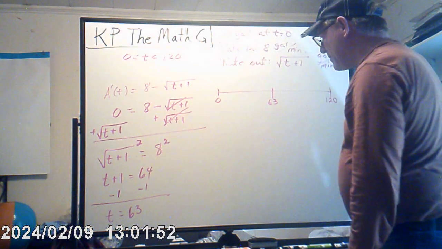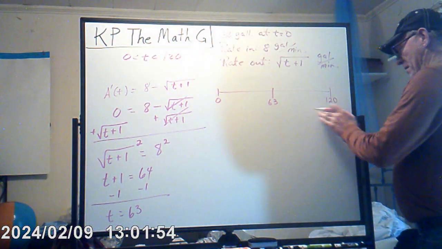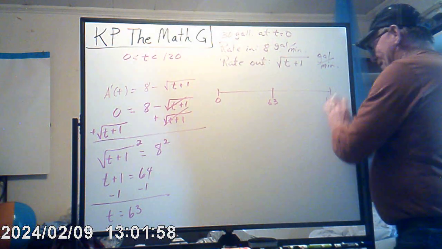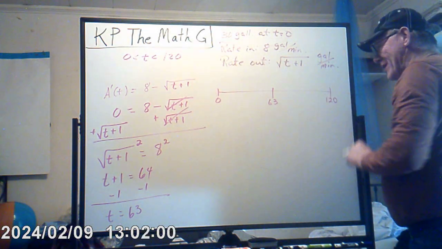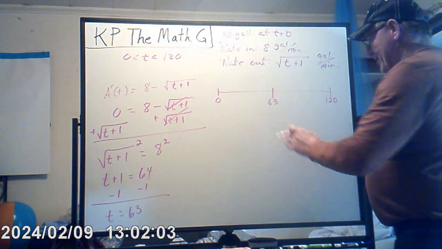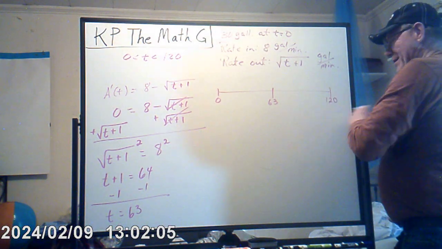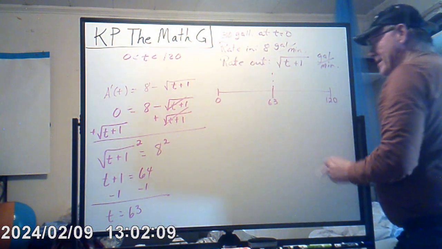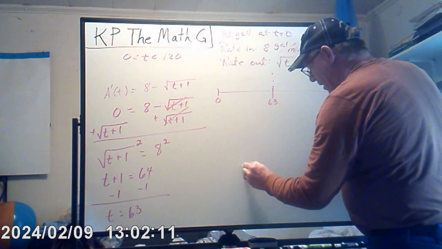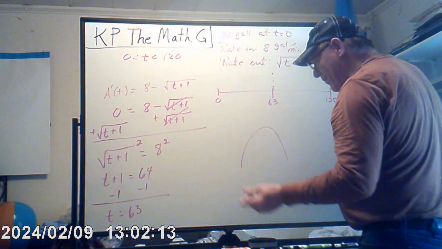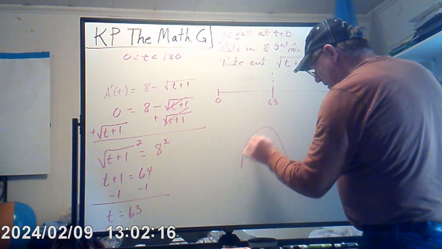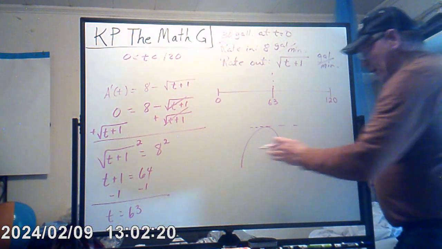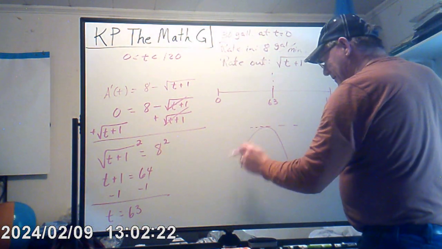I think there's another problem where you don't have a definite ending number, you just go on out, greater than 63. So you want to check this out. We know that this rate is increasing.